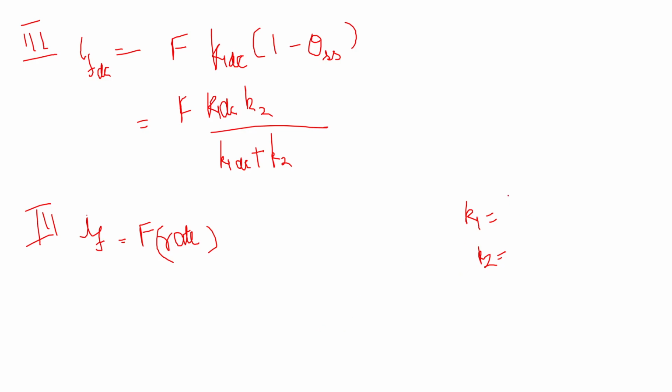So here K1 will be nothing but K1 DC into 1 plus V1 EAC.